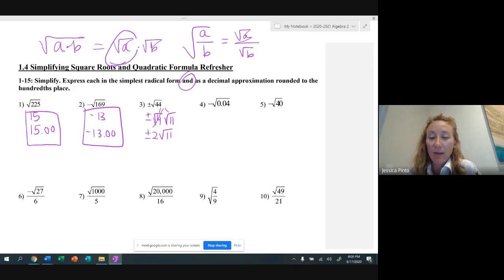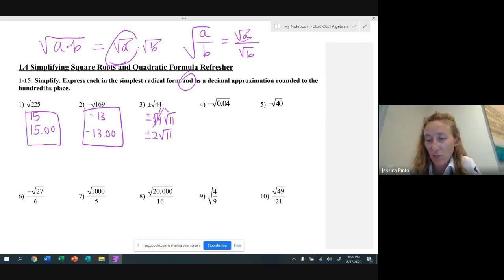Now, as it is now, it's been simplified, but I don't know exactly what number that is, and that's when I use my calculator. In my calculator, the square root symbol is right next to the square, and it's in blue. So to access the blue, I have to hit second. So I hit second, square root of 11, close parentheses. I'm going to hit enter, and it's the square root of 11 being times by 2.